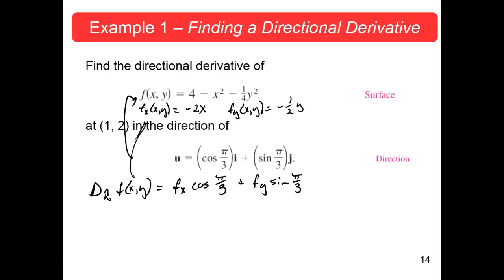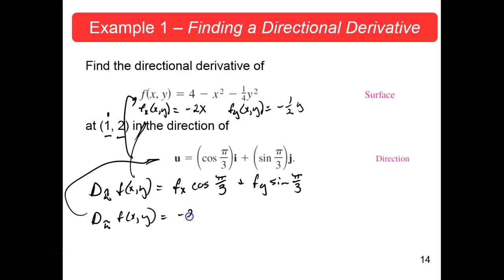Now, we're going to do two things here. We're going to plug these in, but also plug in the values. So the directional derivative in the direction of that u right here, of the function f, evaluated at any values x, y here, the partial with respect to x is minus 2 times 1.